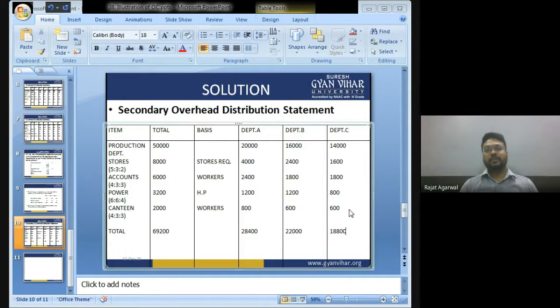So total expense of department A is 28,400, of department B 22,000, and of department C 18,800.